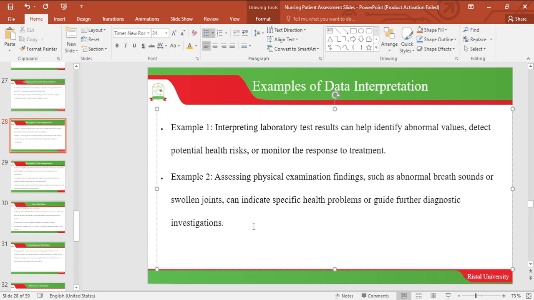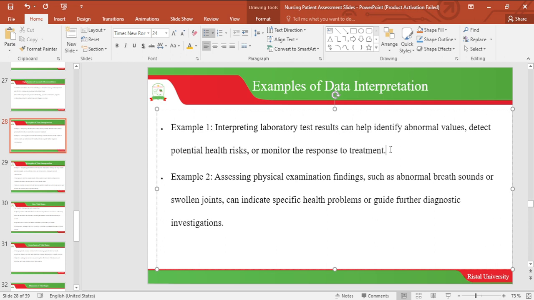Examples of data interpretation. Let's look at examples of data interpretation. Example number 1. Interpreting laboratory test results can help identify abnormal values, detect potential health risks, or monitor the response to treatment. Laboratory values can also detect normal values also, because you never know.